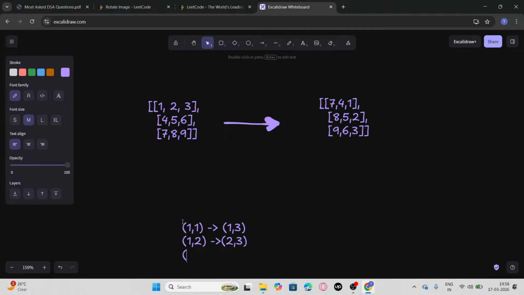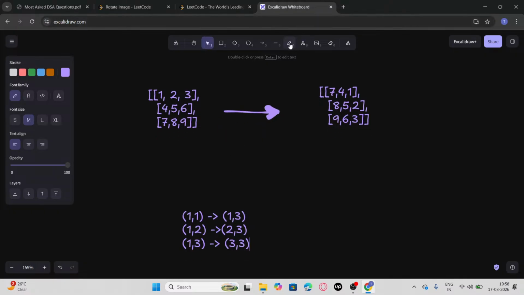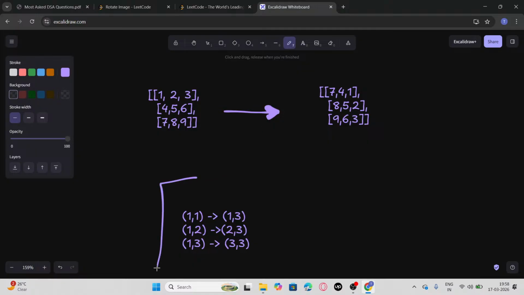And the other is going from 1 comma 3 to 3 comma 3. This is for the first row. Let's just mark it. This is for the first row.